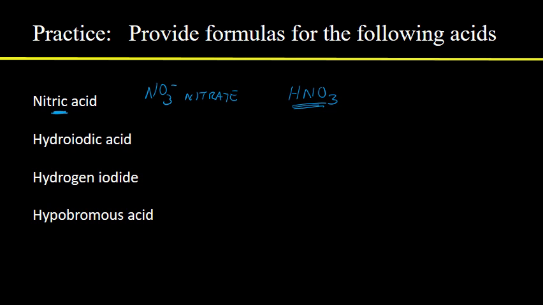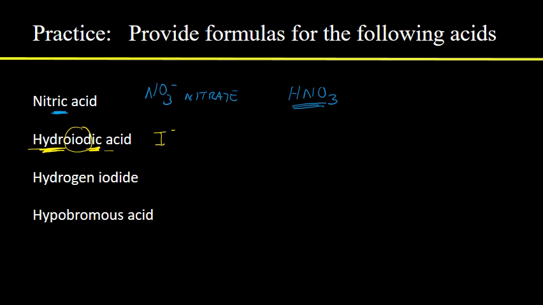All right, our next one, hydroiodic acid. This name has 2 parts, ic acid, but also the hydro at the beginning. That tells us that this is a binary acid in the aqueous phase, right? And the root here tells us that it's the binary acid of iodide.